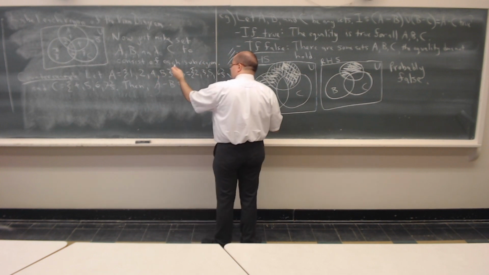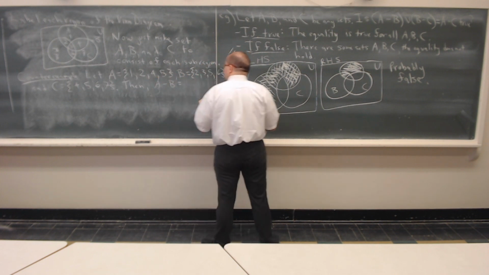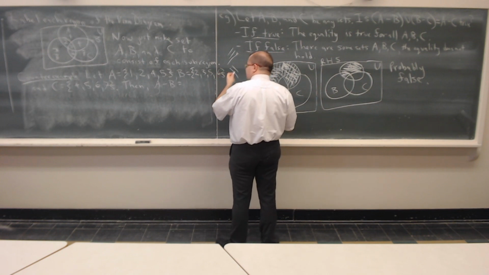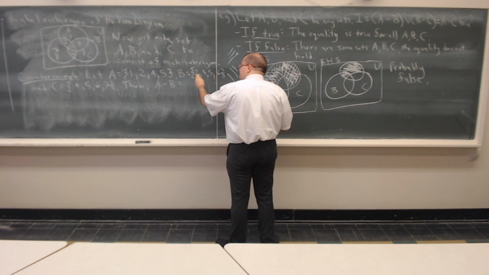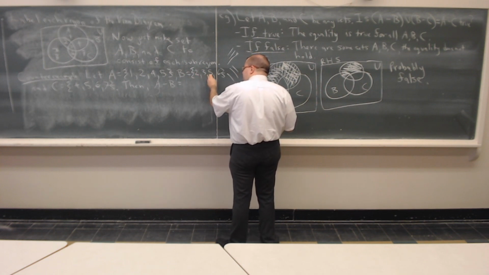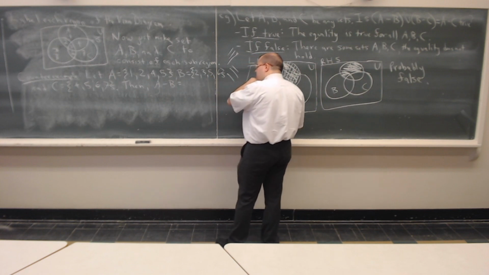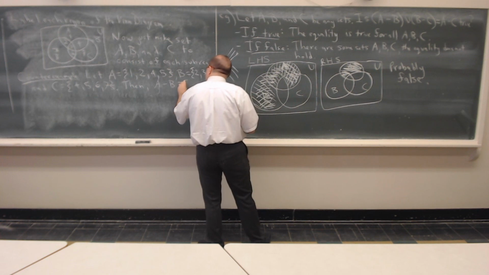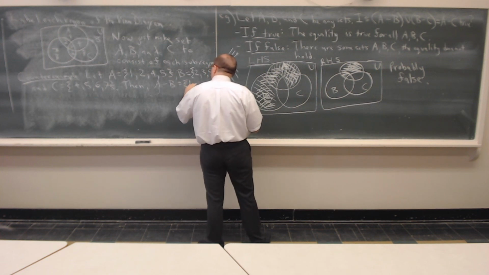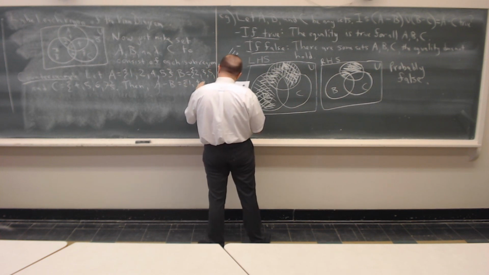We have 1, 2, 4, and 5, and we have 2, 3, 5, and 6. Notice that B has a 2 in it and a 5 in it. So I need to remove 2 and 5 from A, and I end up with 1 and 4.